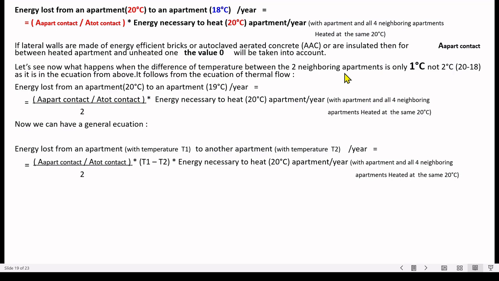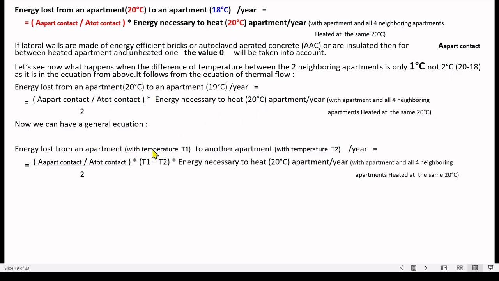But because we know the transfer is proportional to the difference of temperatures, if we have only 1 degree, a loss between an apartment of 20 degrees and an apartment of 19 degrees will be divided from the older formula for 2 degrees.